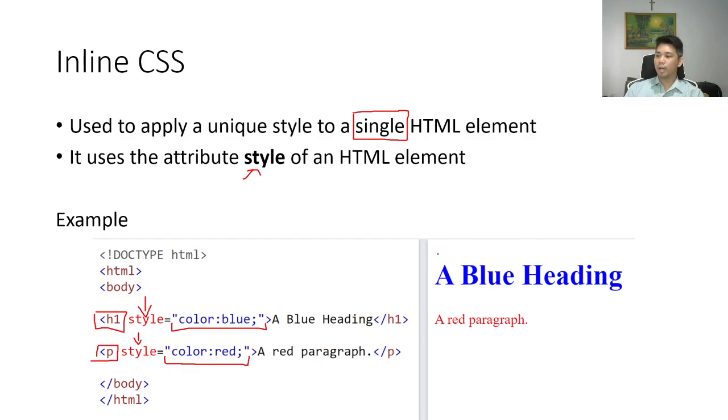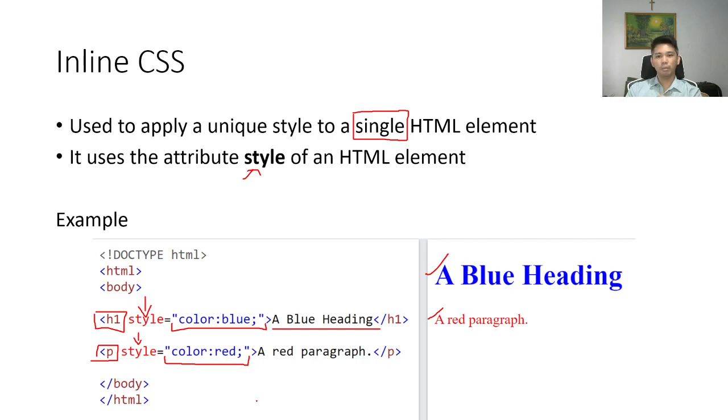So if you look at the output, the first one, the H1, a blue heading, gets a color which is blue, and then the paragraph gets a color which is red. But again, we seldom use this in developing websites because in the long run, it might break the web page design.